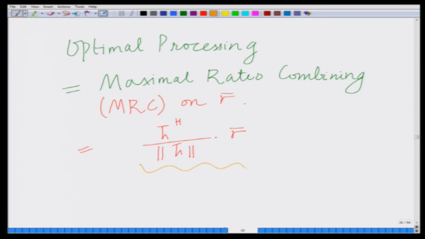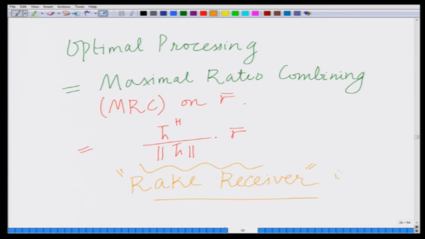In the context of CDMA, this is precisely what is known as the rake receiver, that is performing this maximal ratio combiner operation, or coherently combining these statistics R0, R1 up to R L minus 1. This process is known as rake reception, or the rake receiver in a CDMA system.